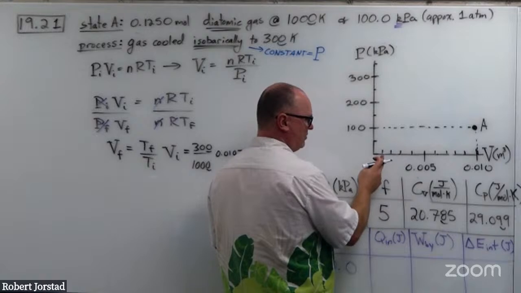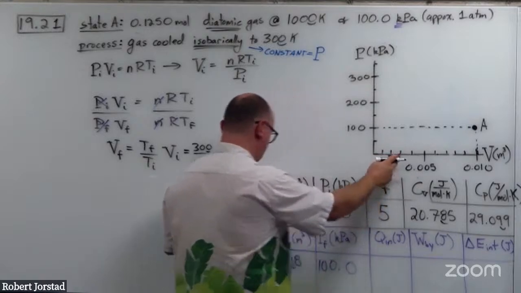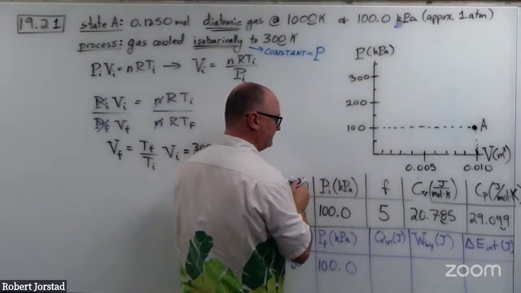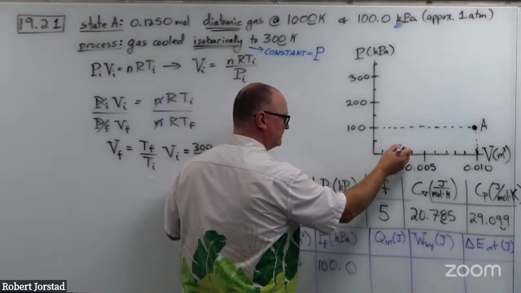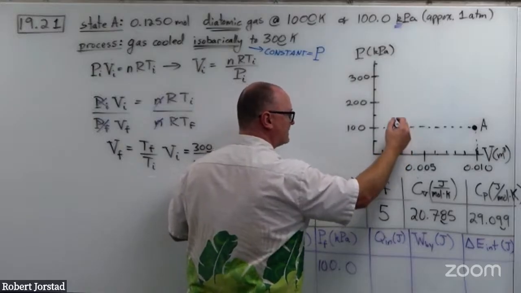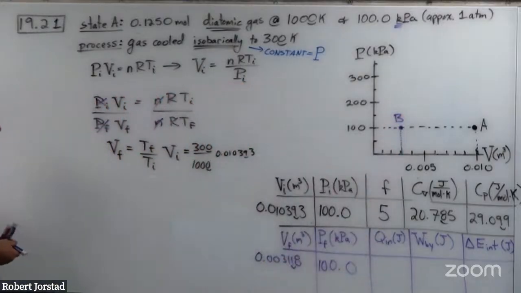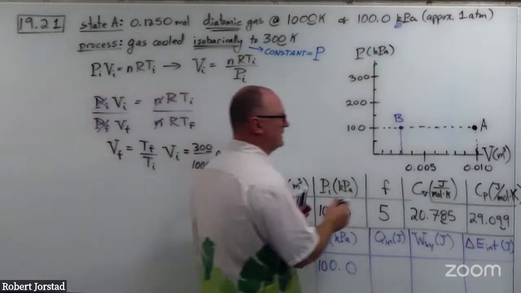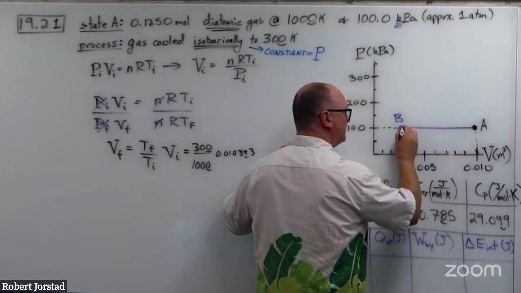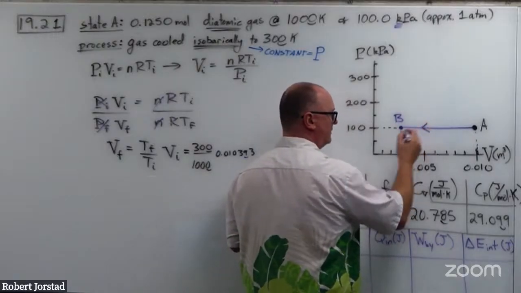So this is 0.001, 0.002, 0.003, and it's just above that. Also at 100 kilopascals. So that's B. All right, we can draw our process now. I think we have to include the arrow.